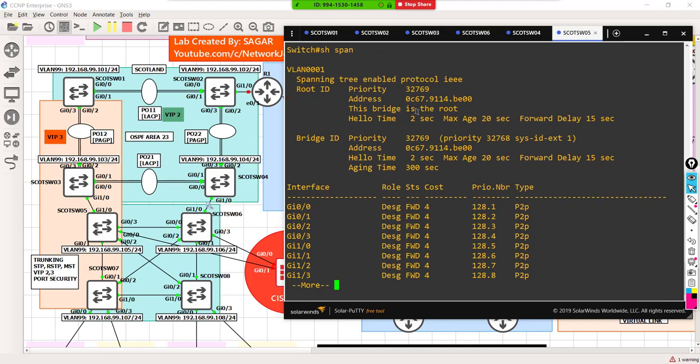Okay, so as of now, switch number 5 has become the root bridge.